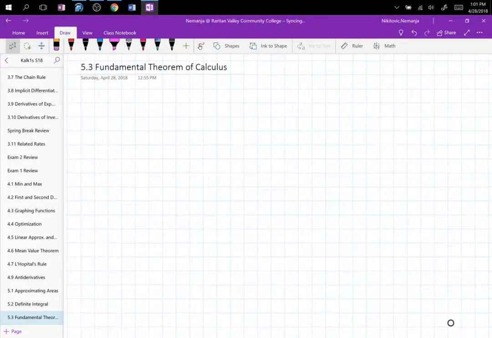We are going to talk about the fundamental theorem of calculus. We have learned enough calculus so far that we can talk about it. We started with limits, then we did derivatives, then we took antiderivatives, which turned out to be integrals.